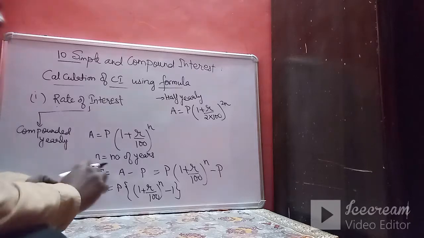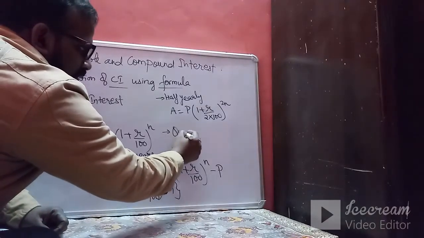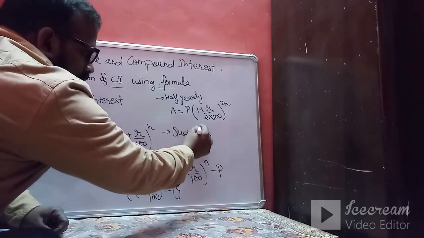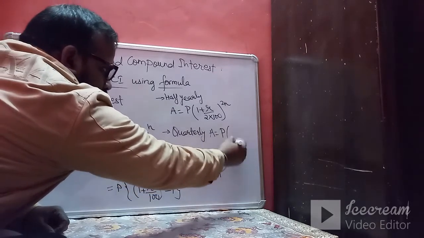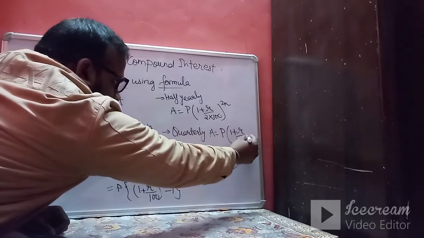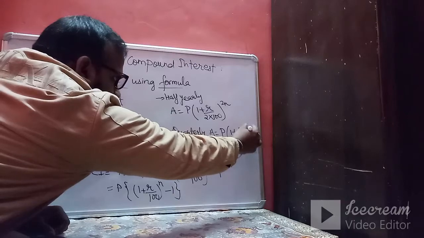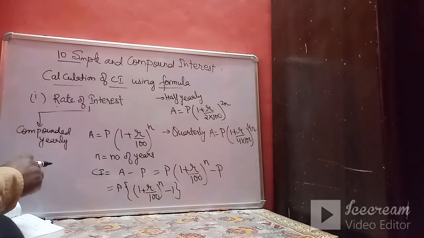Then for quarterly, the amount will be P into 1 plus R upon 4 into 100 to the power 4n. Okay, so these will be the two formulas.